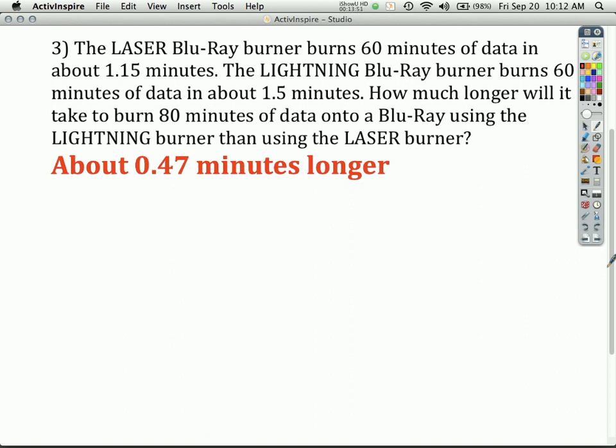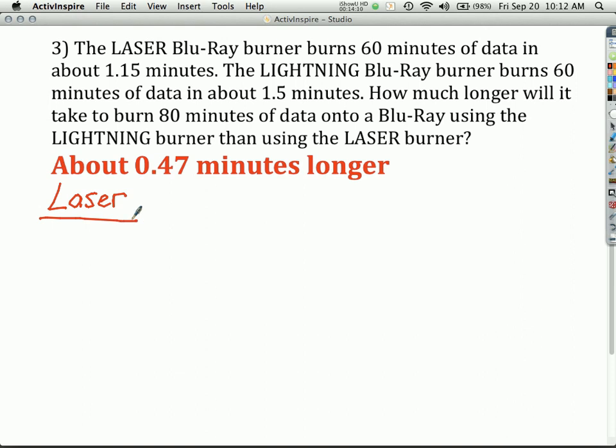When I first started, I made 2 ratios. 60 for the laser. 60 is equal to 1.5 minutes. And 60 minutes is 1.5 minutes for the lightning. Okay, so we've got laser. And the laser Blu-ray burner is 60 minutes of data to 1.5 minutes of time.